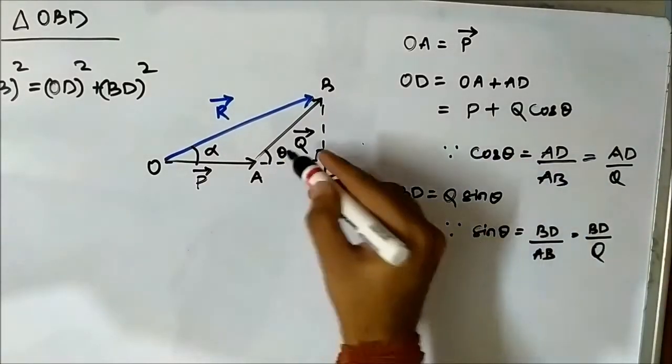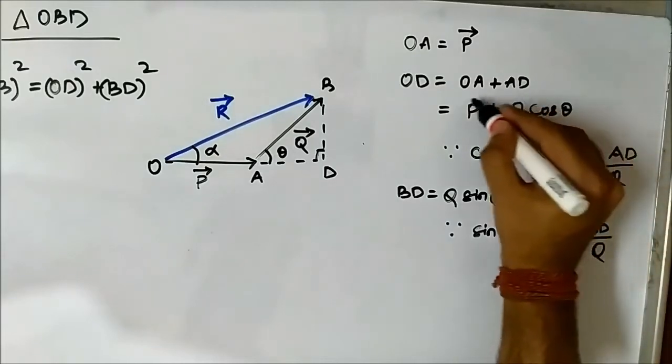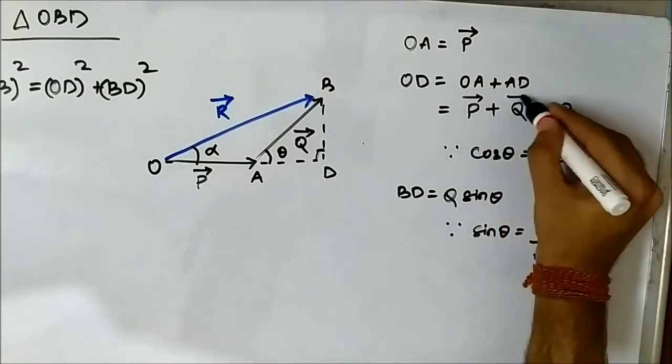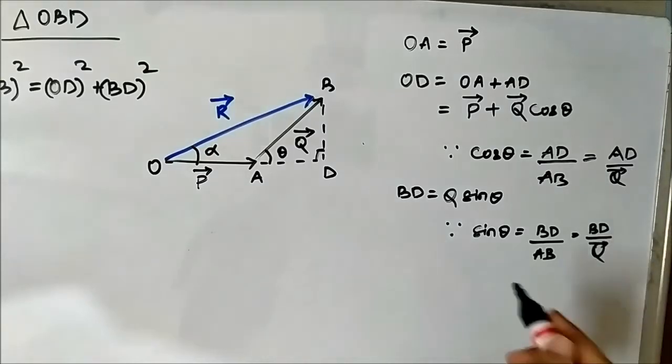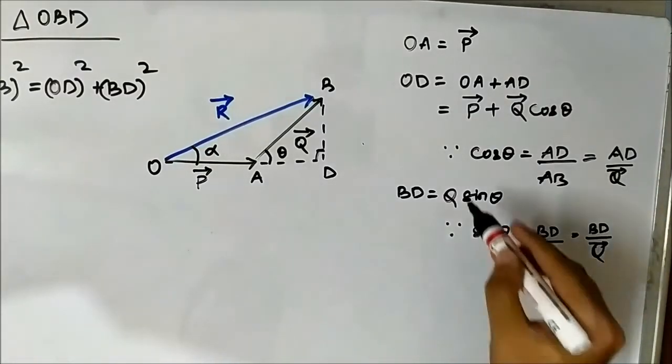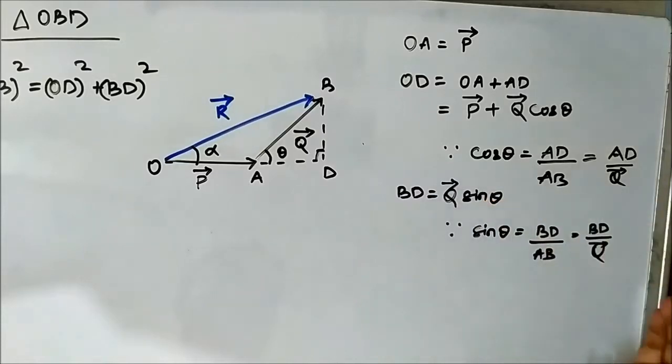So BD is Q vector sin theta. Okay, so this is all.